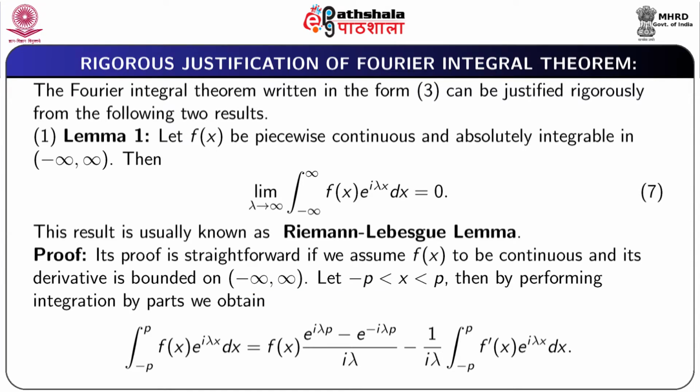Then we perform the operation of integration by parts in the integral from -p to +p of f(x) e^(iλx) dx, which is equal to f(x) [e^(iλp) - e^(-iλp)] divided by iλ, minus 1 by iλ times the integral from -p to +p of f'(x) e^(iλx) dx.